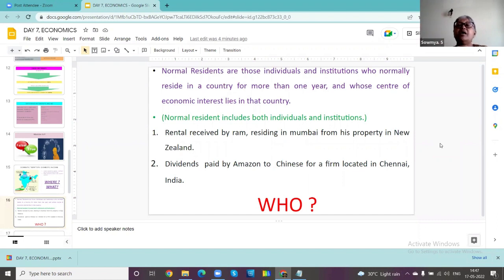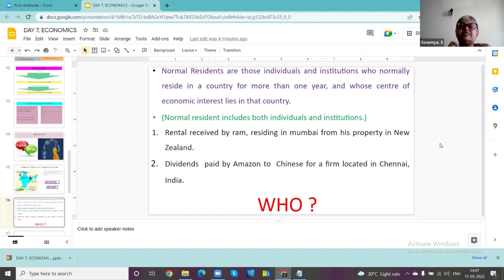As factor income from abroad. So it doesn't necessarily mean that Ram or Shyam should be from within the domestic territory. These people can be productive even outside the domestic territory, and they can bring in factor income. There again, what is the condition?